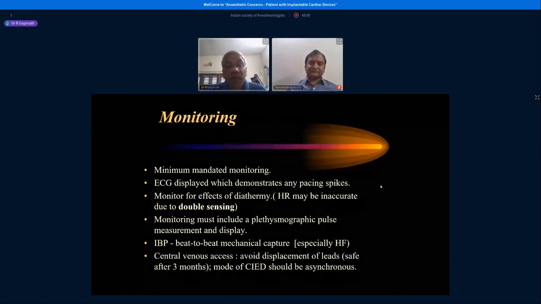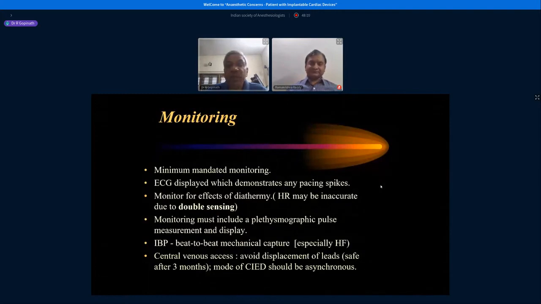You may have double sensing: one from the electrical source, the cautery or EMI source, as well as the native rhythm and the pacing spike. So the heart rate could be erroneously very high. The best is to have a pulse plethysmogram along. If your pulse oximeter has a plethysmographic display, it will pick up the mechanical component of the cardiac cycle.